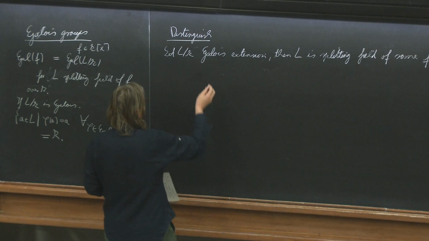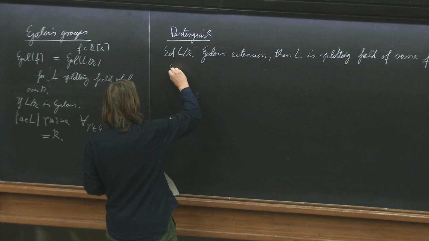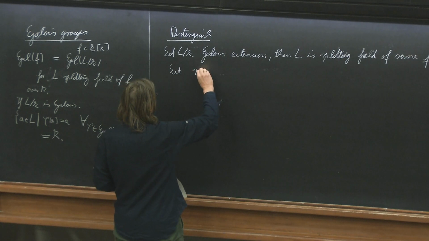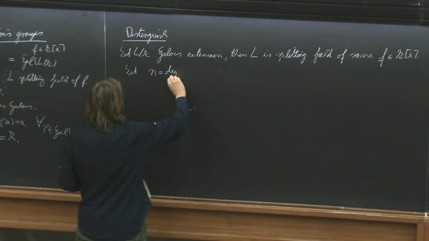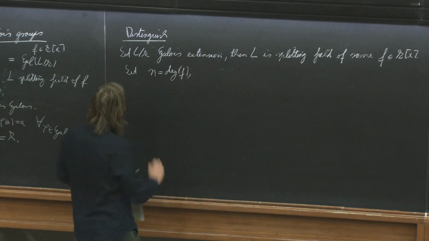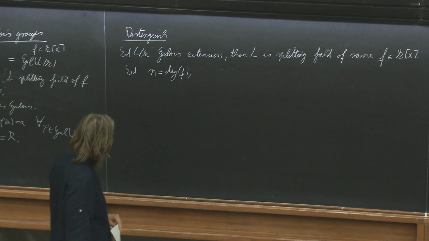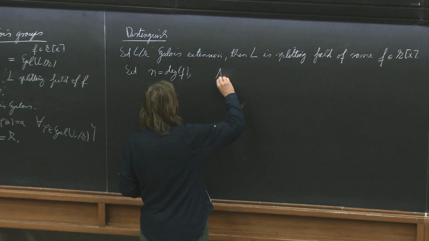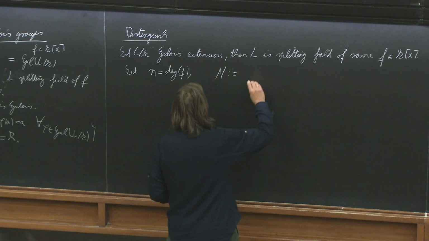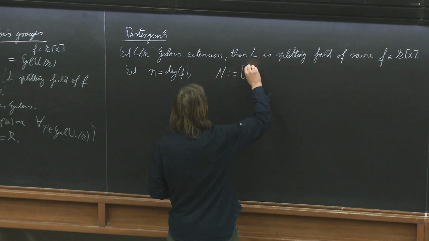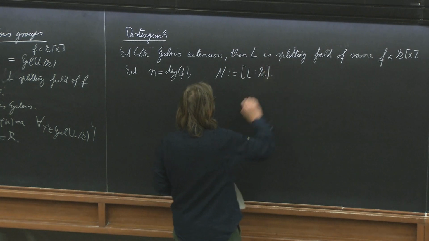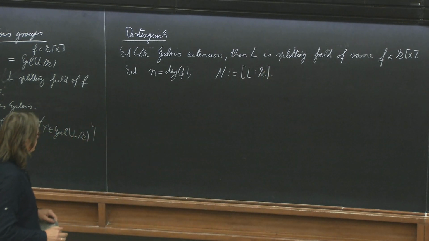So we write small n to be the degree of the polynomial, and large N the degree of the field extension. Possibly different numbers.